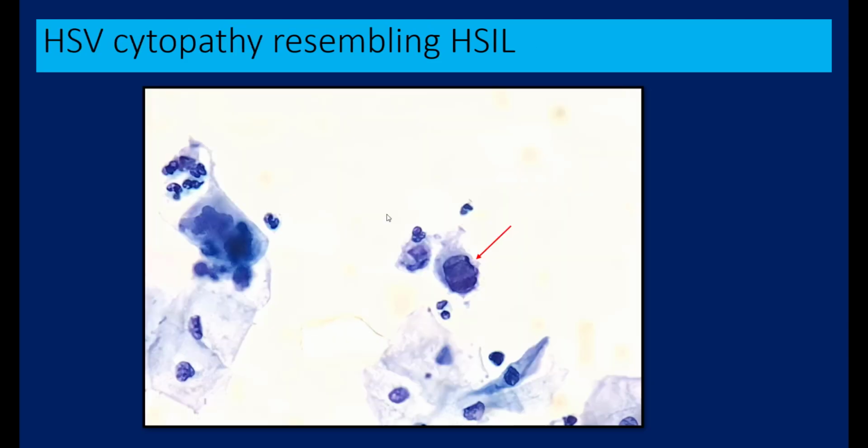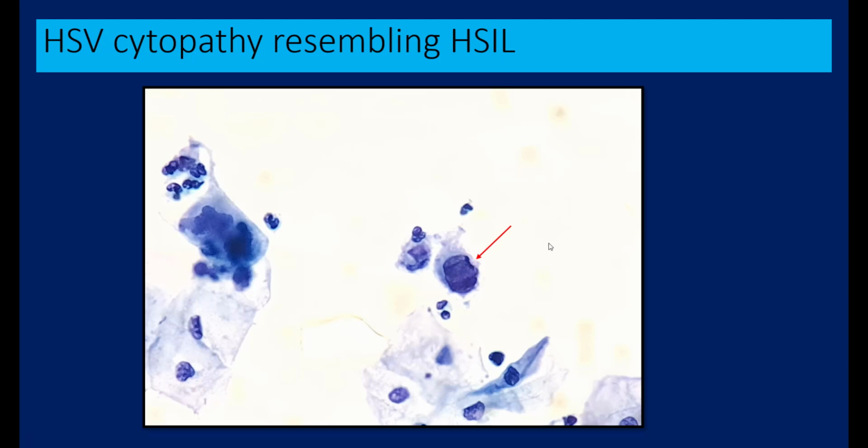Now, this is something which we might come across, and I have seen people making a lot of mistakes, right? These are due to herpes simplex virus, and you see the cell with a very high NC ratio. It looks hyperchromatic if you're not really paying attention, but if you look at it, it's actually not hyperchromatic. It's a ground glass chromatin with margination of the nuclear outline.